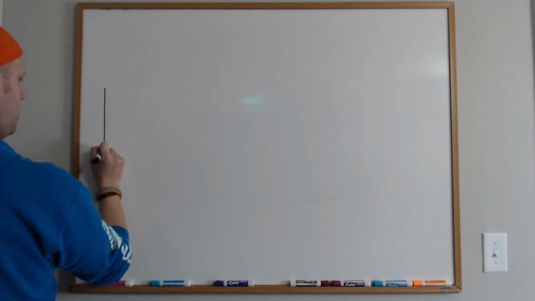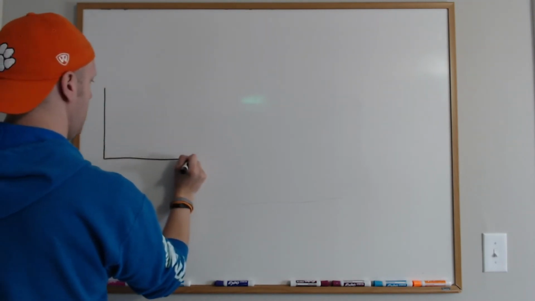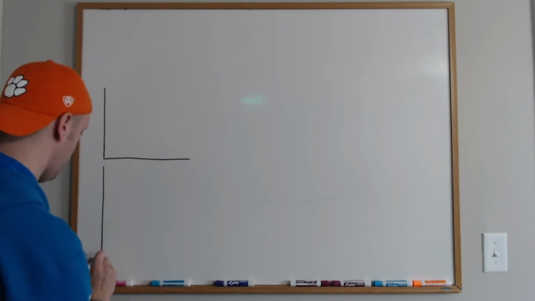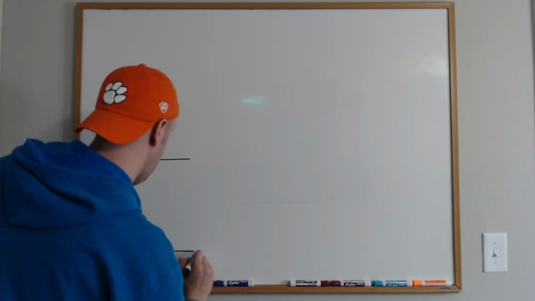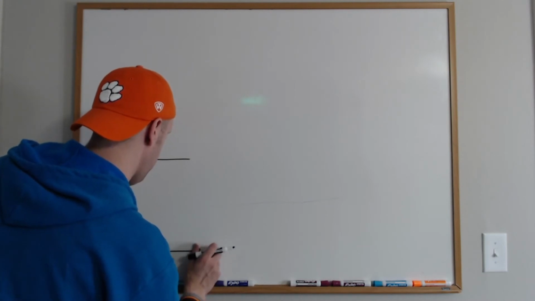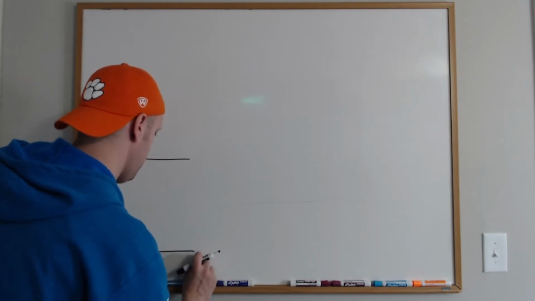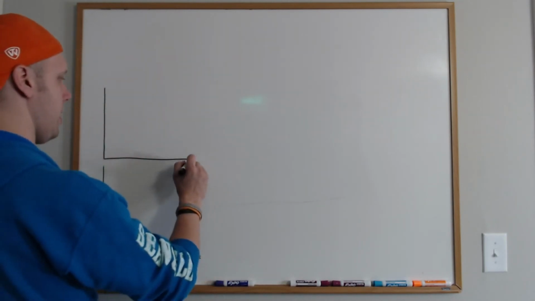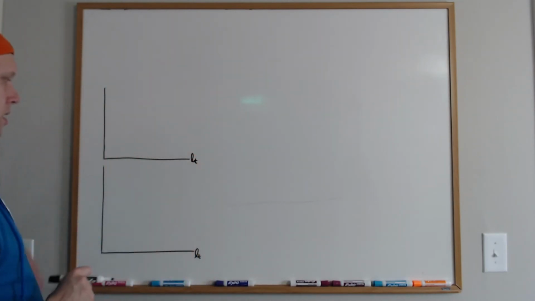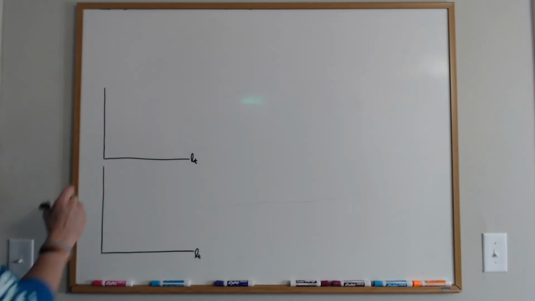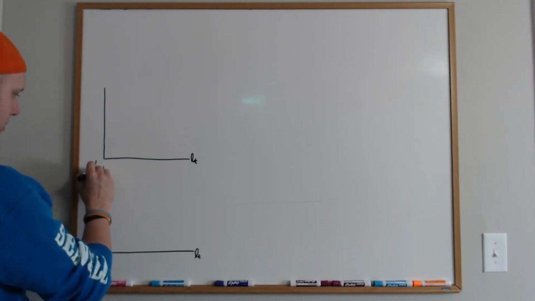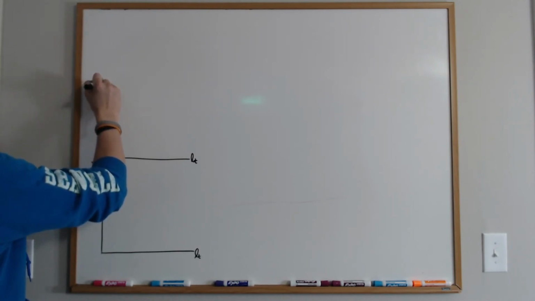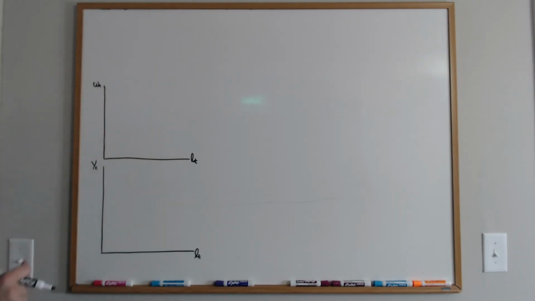We had production. So we got labor, LT, on the horizontal axis here. I've got output on the vertical axis here, and on the vertical axis here, I have the real wage.